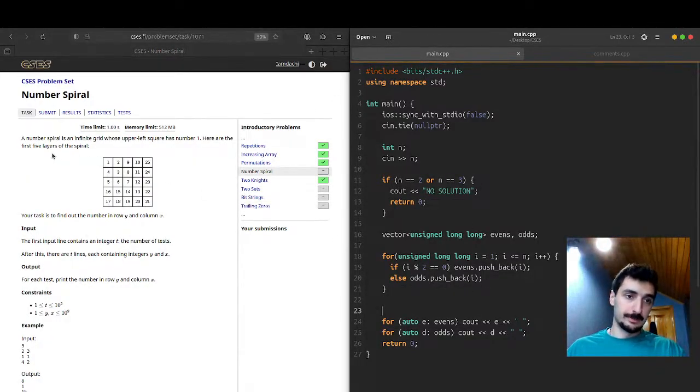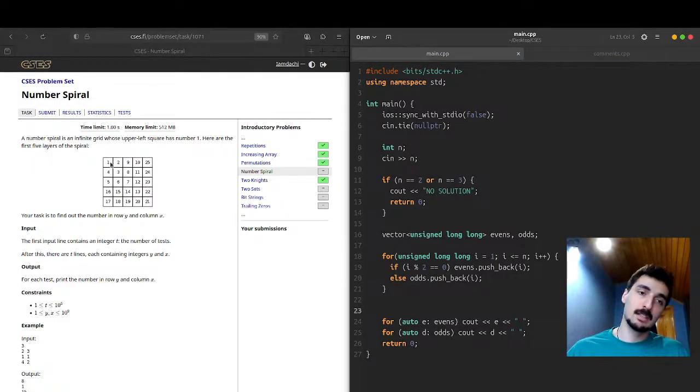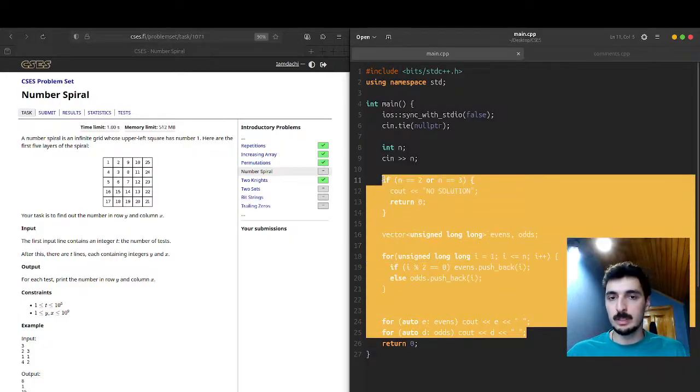Let's just go on. We have a number spiral. It goes like this: 1, 2, 3, 4, 5, 6, 7, 8, 10, 11, 12, 13, 16. All right, so I think this should be clear.